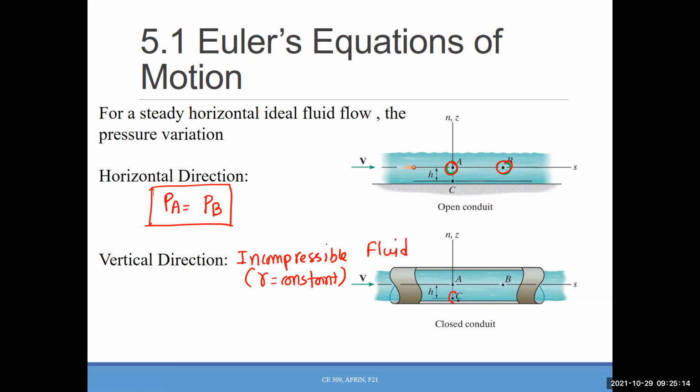So pressure at C will be, again, the pressure at A, plus gamma H. For any reason, if A is at the top of the surface or something, obviously PA will be the atmospheric pressure, right? But at this point, since we are working with the general expression, I will just write down PA. When we do the calculation, we'll decide whether it will be 0 or any other number. Okay.